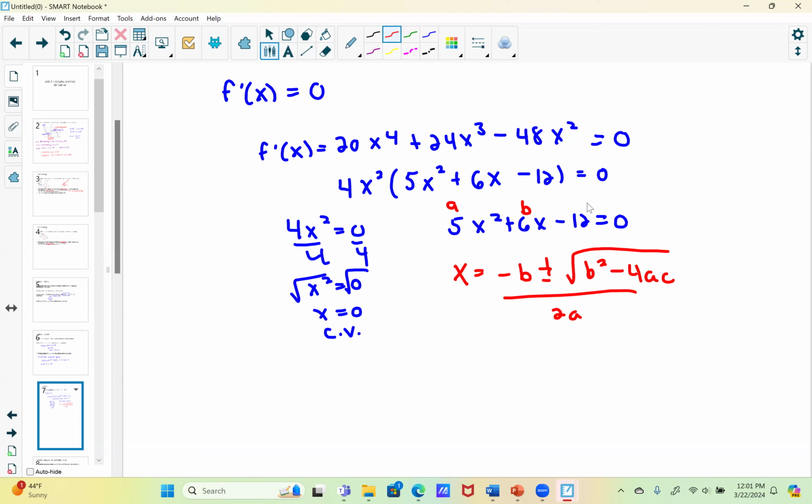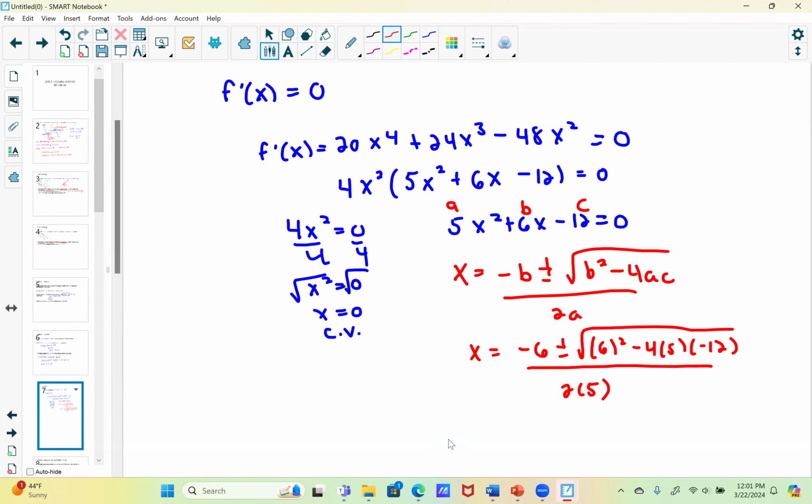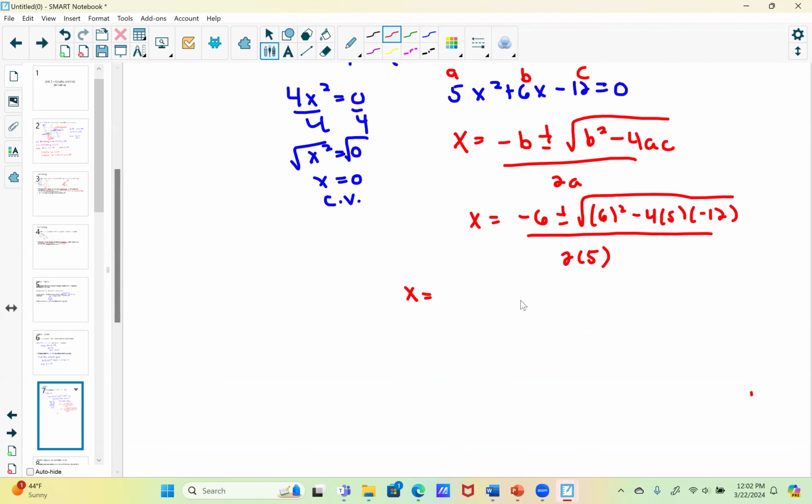A, B, C. So in this case, we have negative 6 plus or minus the square root of 6 squared minus 4 times 5 times negative 12. Don't forget the negative with the 12, all over 2 times 5. And then this we have to split up into 2 to find the two values.